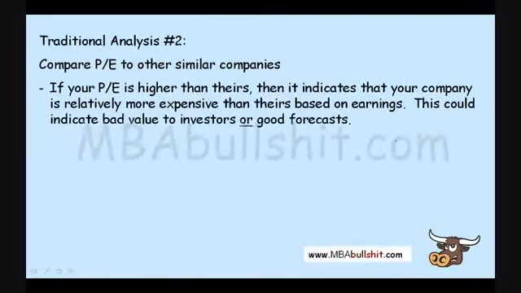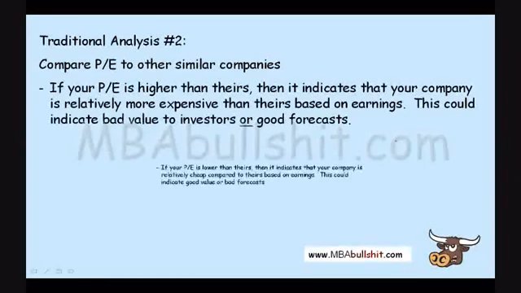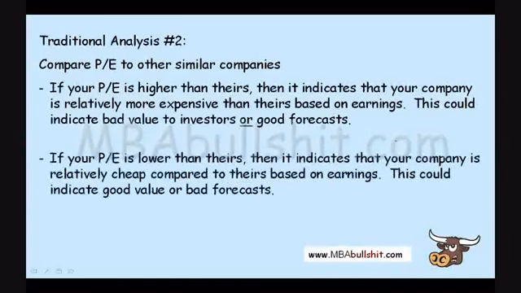This could indicate bad value to investors, or it could indicate good forecasts. And that's why people are willing to buy it higher. If your price earnings ratio is lower than theirs, then this indicates that your company is relatively cheap compared to other companies based on earnings. This could indicate good value or bad forecasts for the company.